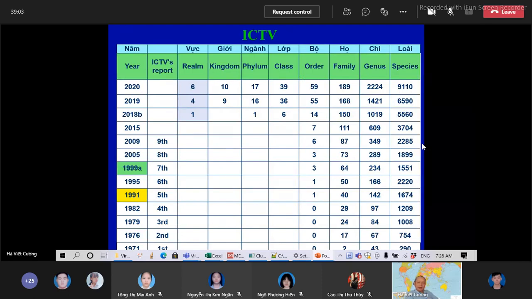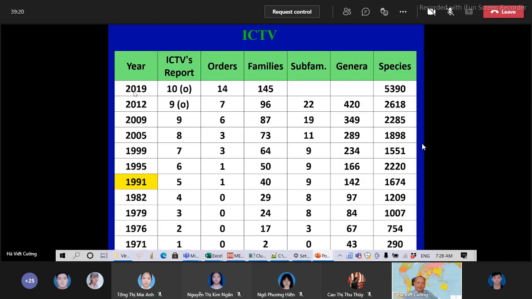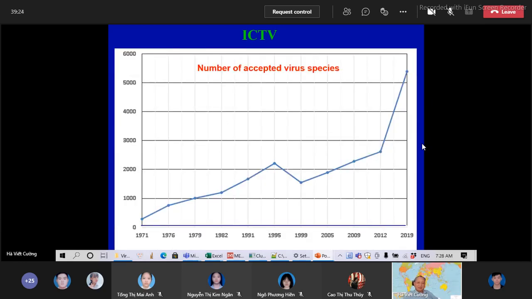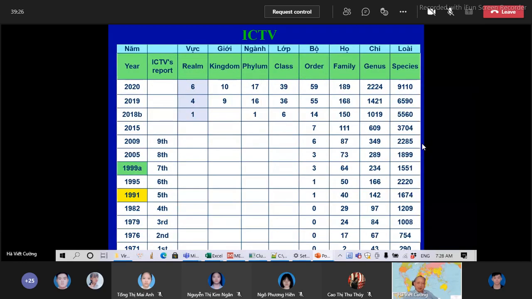I have not sent it to you, but I'll send it later if you want. Everyone, please look at this slide, very important, because here I updated some information. It was updated over 2 years ago, but now it's updated as of last year, so it's newer.